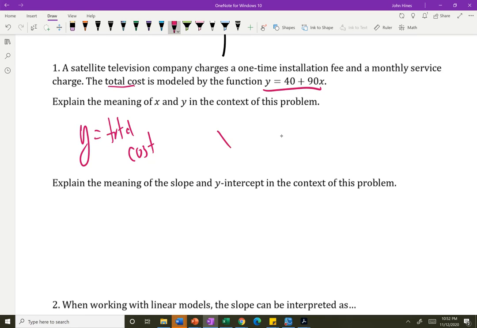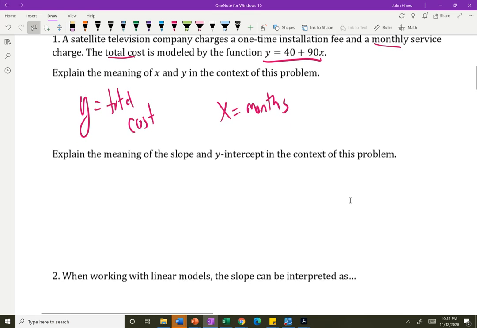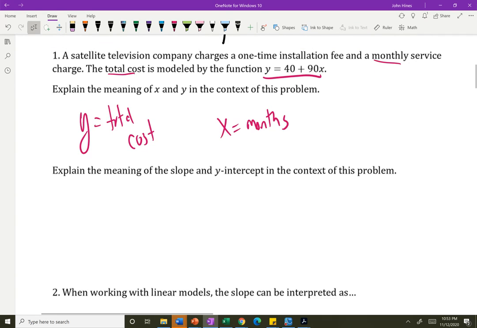And x depends on how many months. So you have to read through and kind of realize what's my input and what's my output of this function. Explain the meaning of the slope. So the slope is the coefficient of x. That's my 90. So my slope represents what? Is that the one-time fee or the monthly service charge?